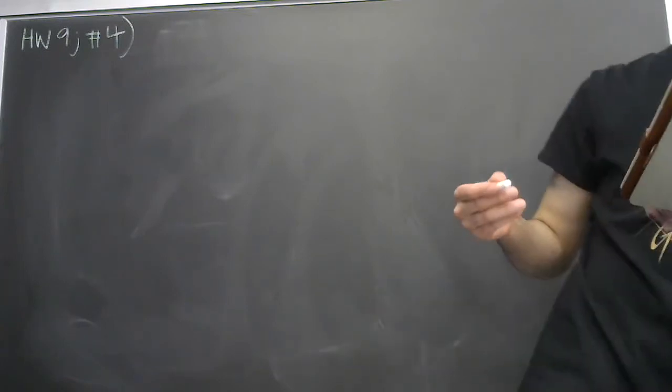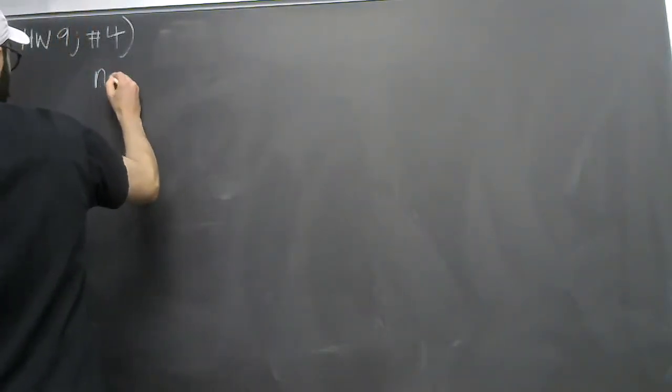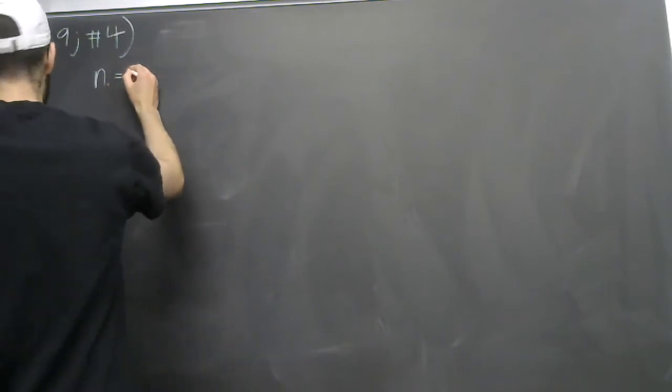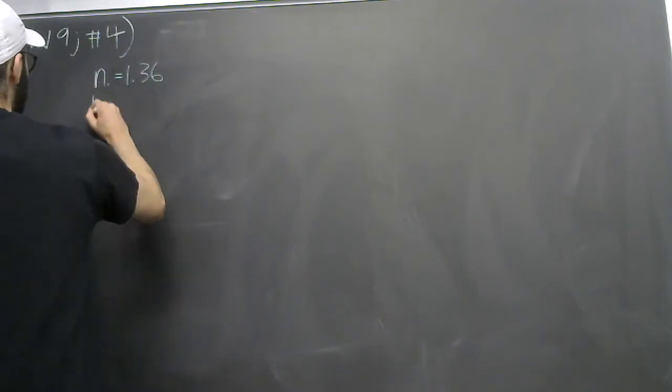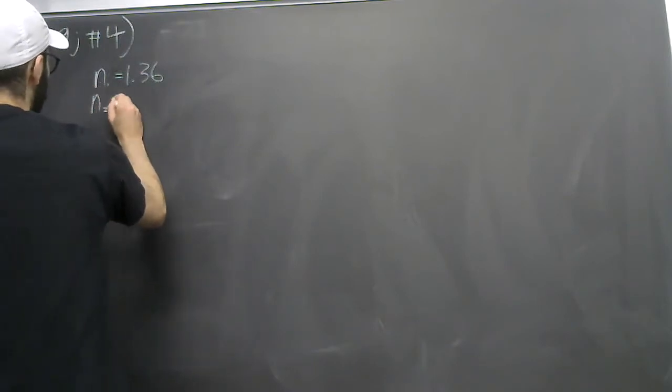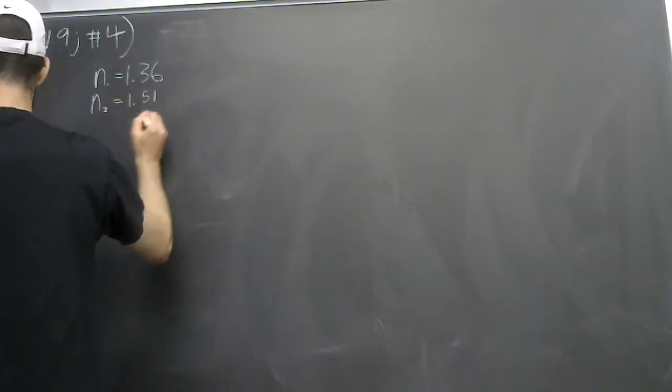All right. So we're going to define every single variable here. What we have is the index of refraction of alcohol, which I'm going to call n1, because I know the light is going to go through the alcohol before hitting the glass plate. Then I'm going to have n2, which is just the glass, and that's given as 1.51, right?